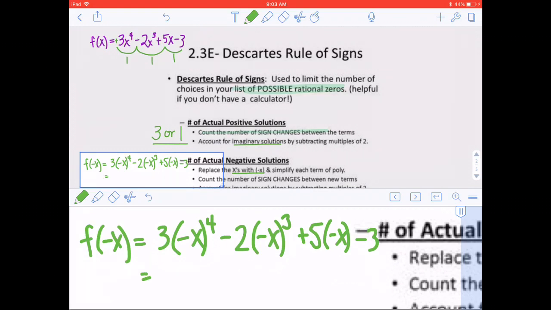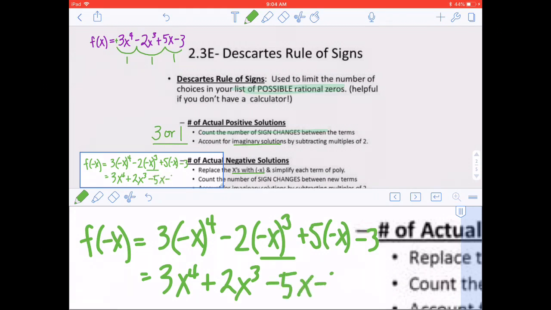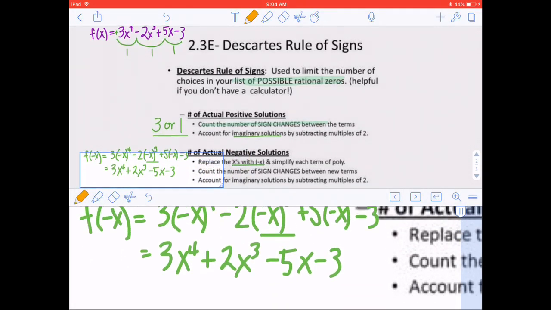Simplifying this will give me a positive 3x to the fourth. This will become a negative x cubed with a negative out in front, becomes positive 2x cubed minus 5x minus 3.